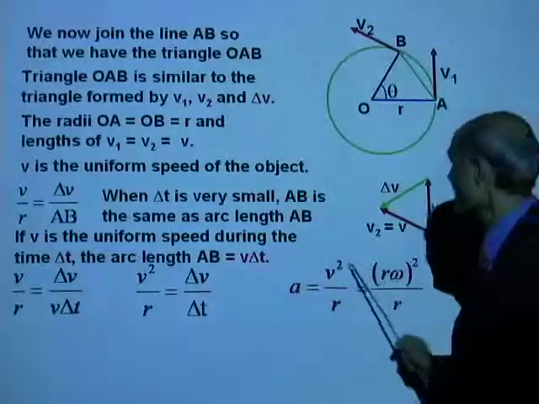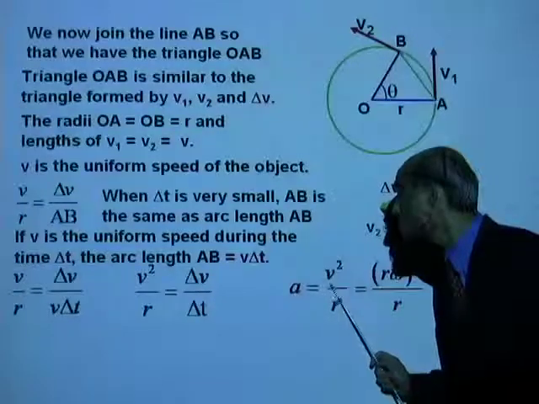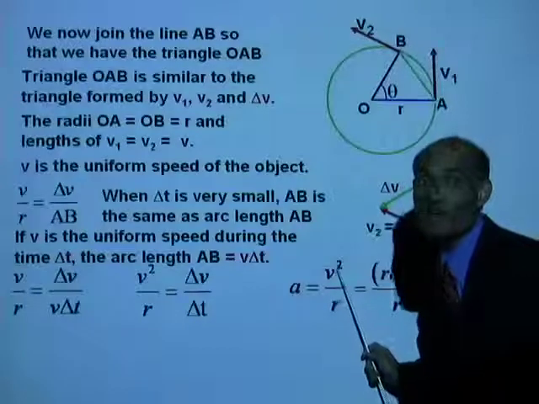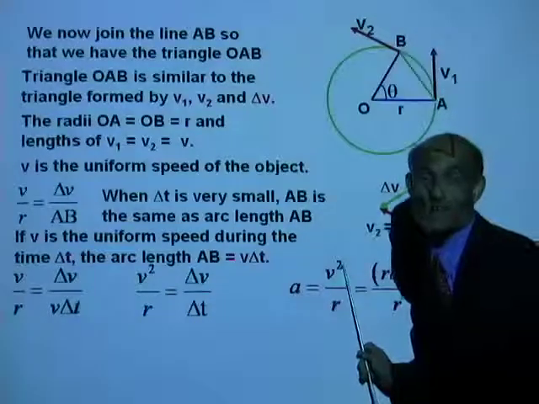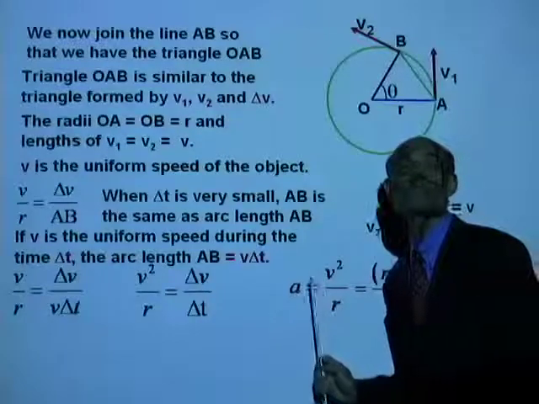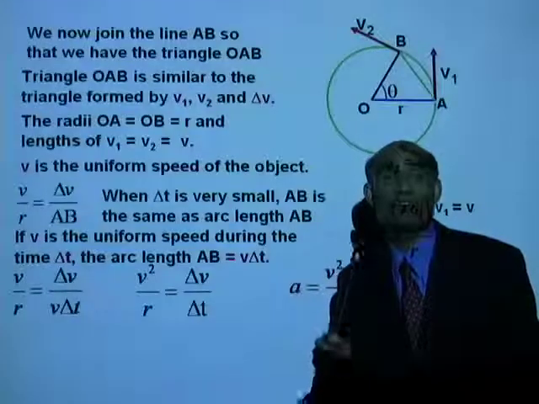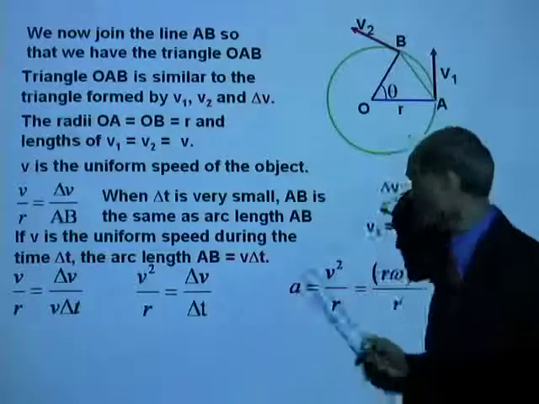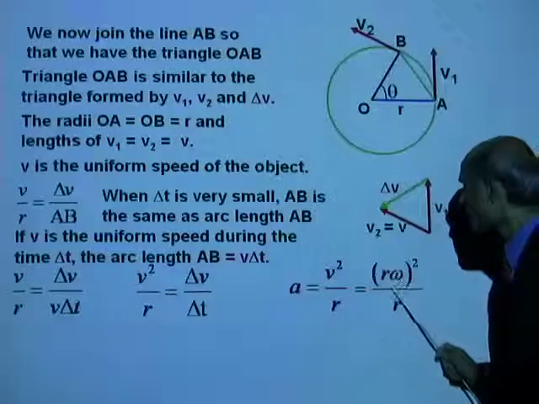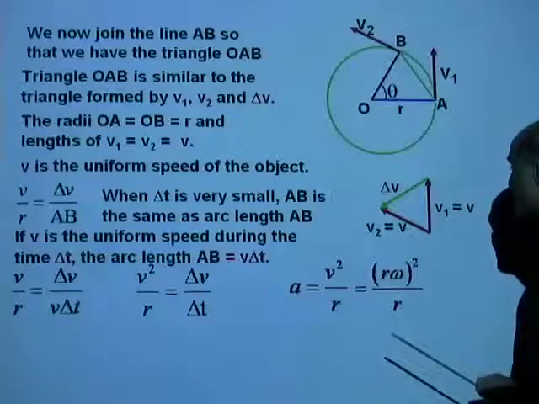Now, do you remember a relation that we established between linear speed and angular velocity? Didn't I tell you that's important? How many of you remember that? What is the relation between linear speed and angular velocity? V equal to r omega. So, I can now write v squared as r omega squared over r. And what does that simplify to?